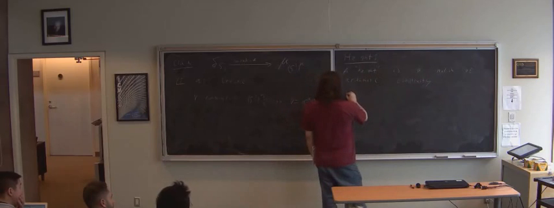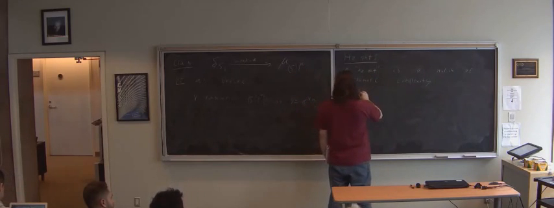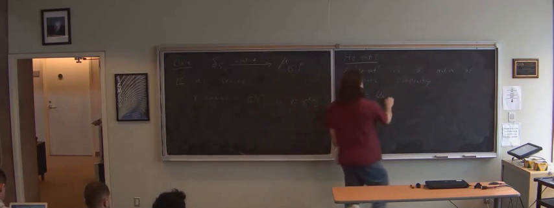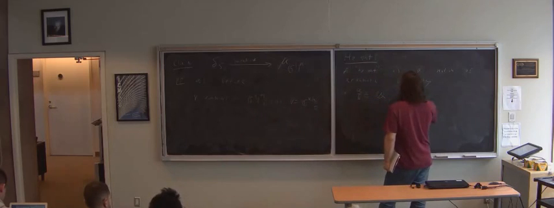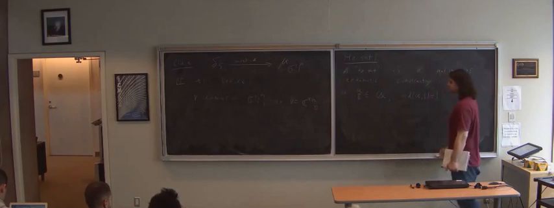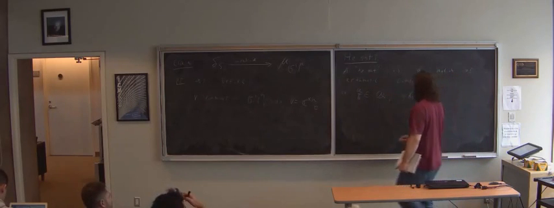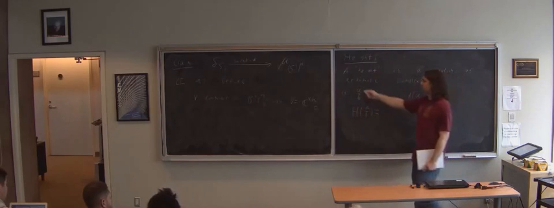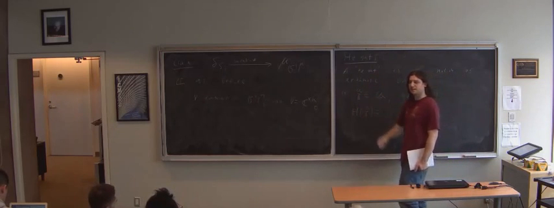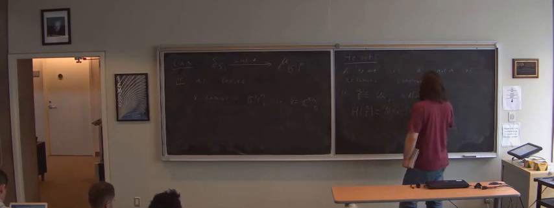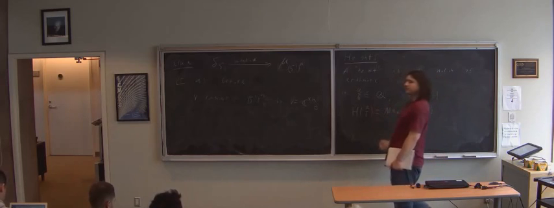The simplest case is if A over B is a rational number in lowest terms, so GCD(A, B) is equal to 1. Then we define the height of A over B. What it means to be complicated is that either A or B is big, so we capture that by taking the larger of their absolute values.